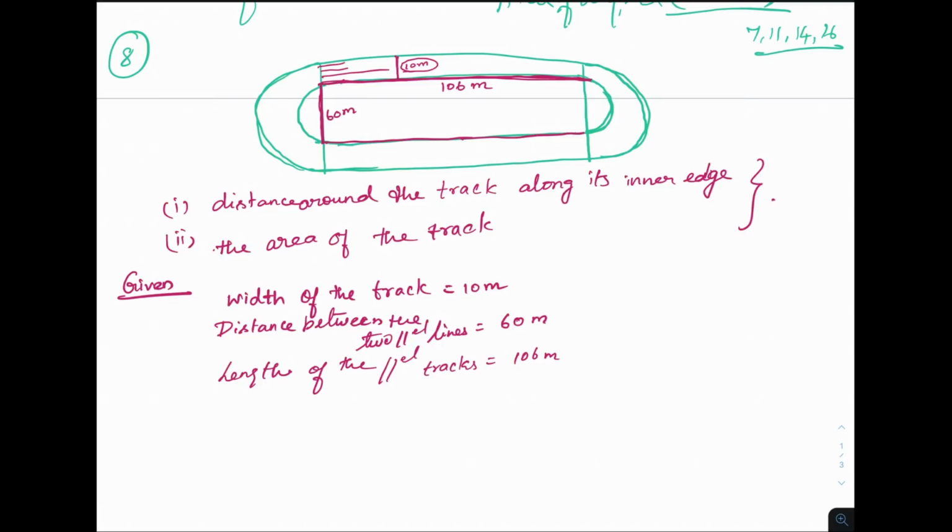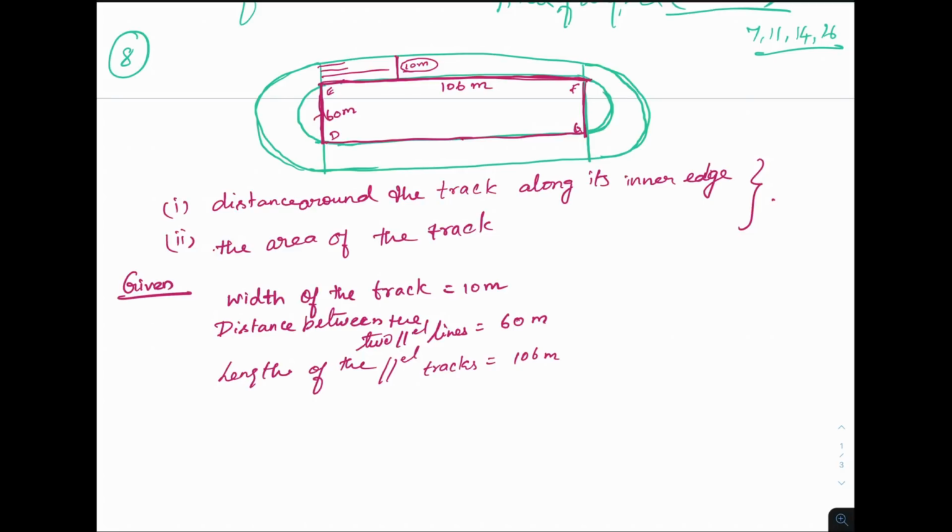So now here we will mark. So this is D, E, F, G. So D to E will be equal, and G to F also, this will be a parallel side.